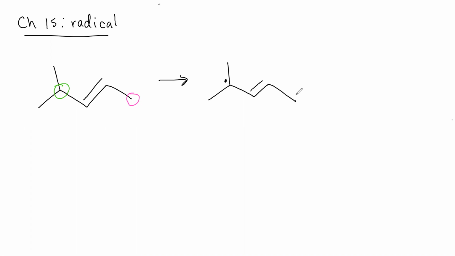Okay, but then what can happen is, again, we have those different resonance structures. So the resonance can move, and we end up having our double bond right here and our radical right here. Both of these different allyl radicals can react to do that halogenation. So we end up with two different products.